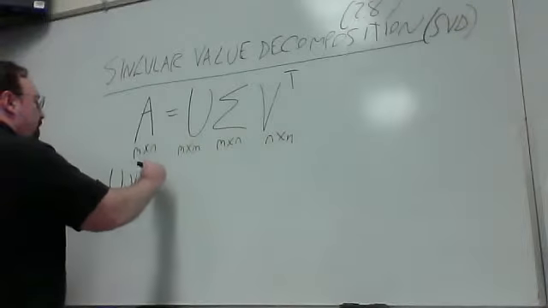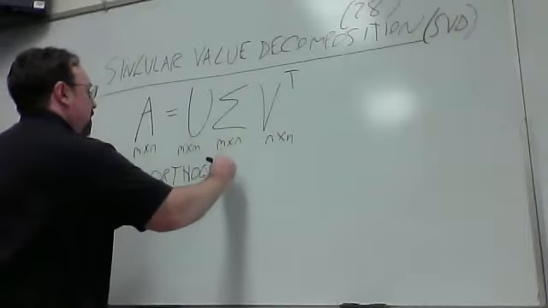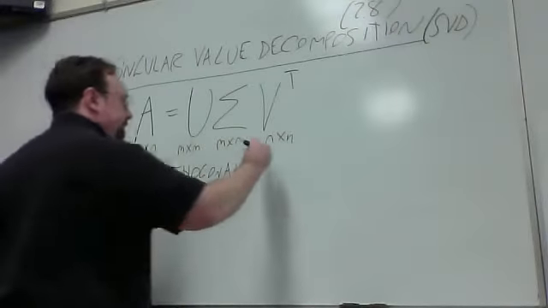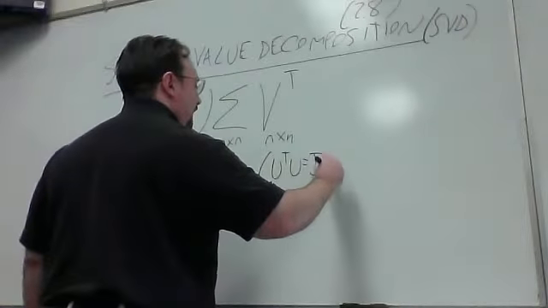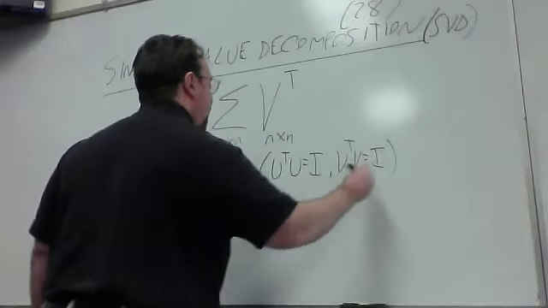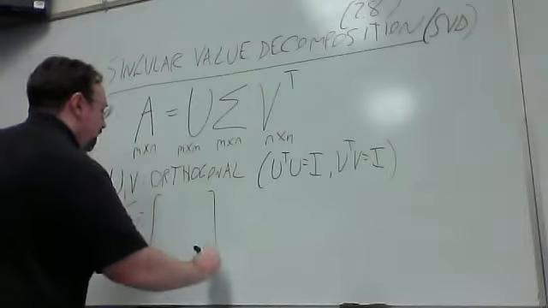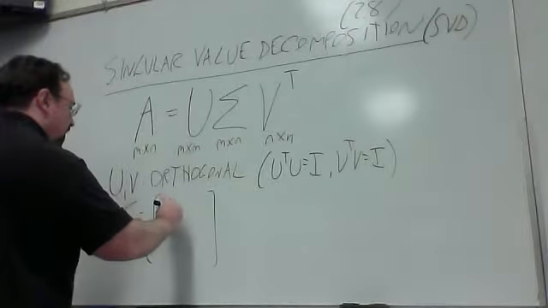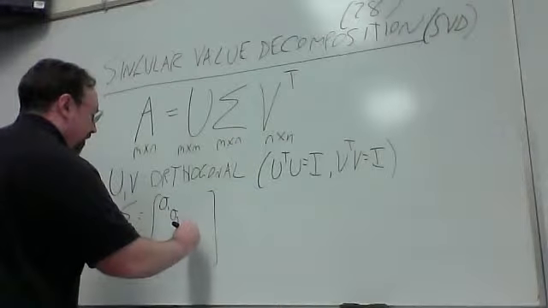U and V are both orthogonal matrices. So in other words, U transpose U is identity, that's m by m. V transpose V is also identity, that's n by n. Sigma is a diagonal matrix. Sigma 1, sigma 2, so these are sigmas, lowercase sigmas.